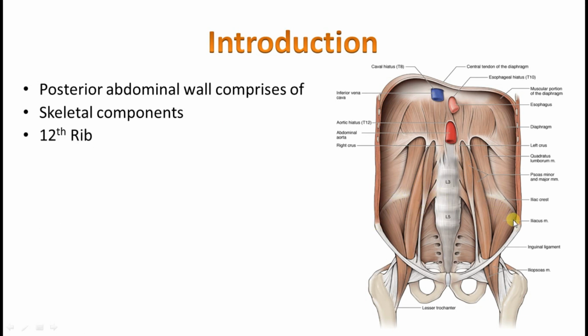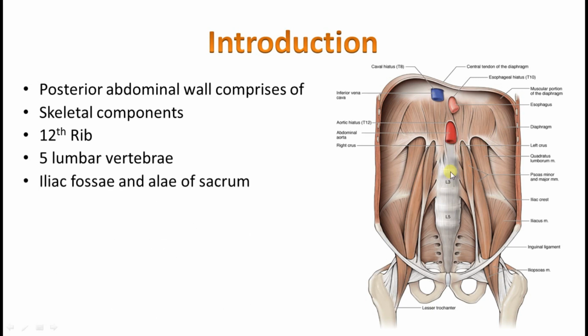So mainly the iliac bone and the ala of the sacrum laterally. In the midline you have the 5 lumbar vertebrae, and above and laterally you have the 11th and the 12th rib. So these are the skeletal components.